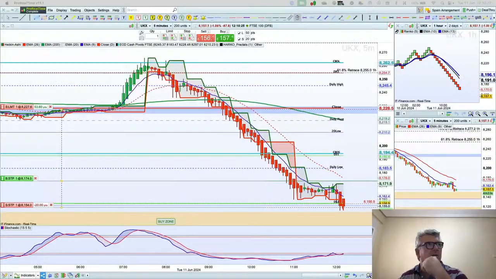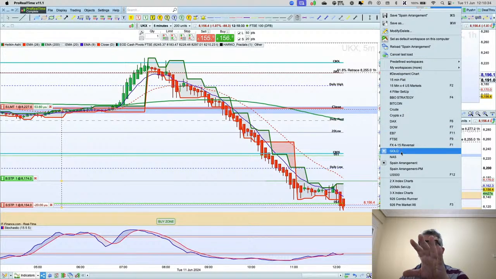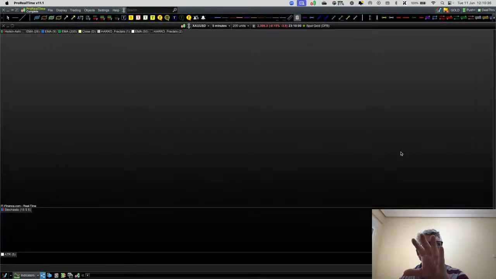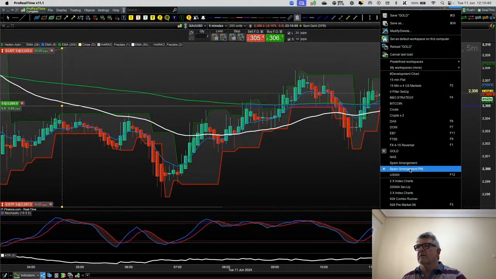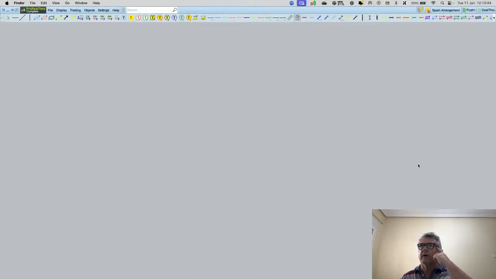Share an entire screen. Right, so everyone can see that. If I flip over the screen to, let's say, gold, it stays. So I can't share windows, I've got to share screens. Right, okay, so that's fair enough.